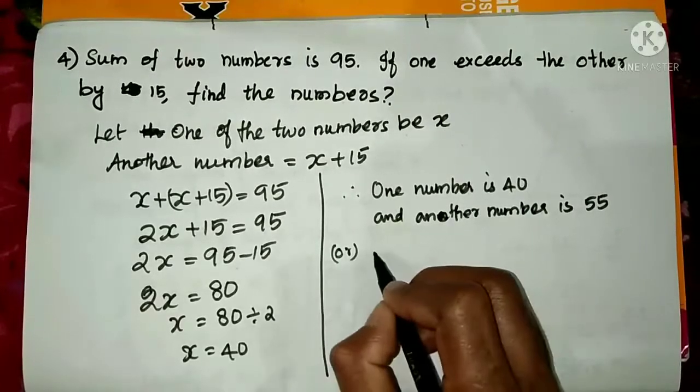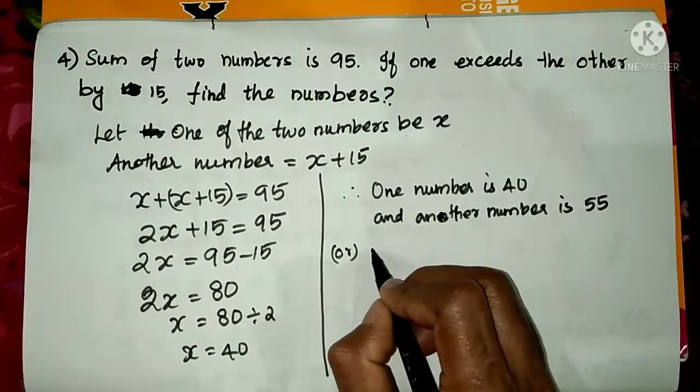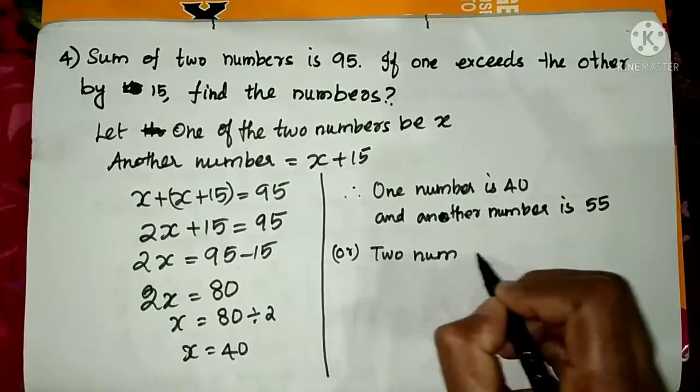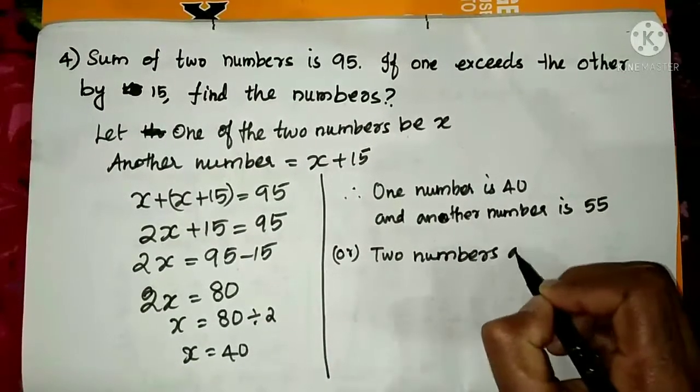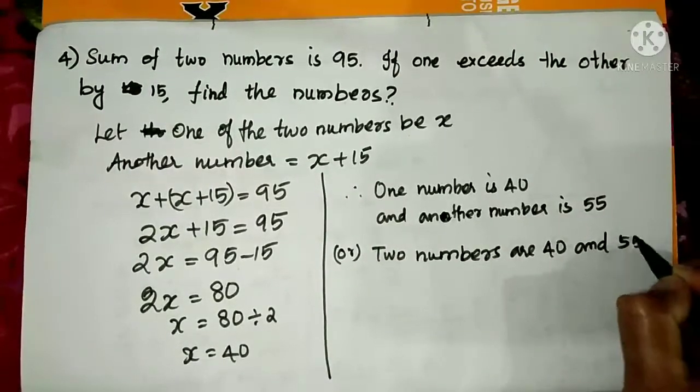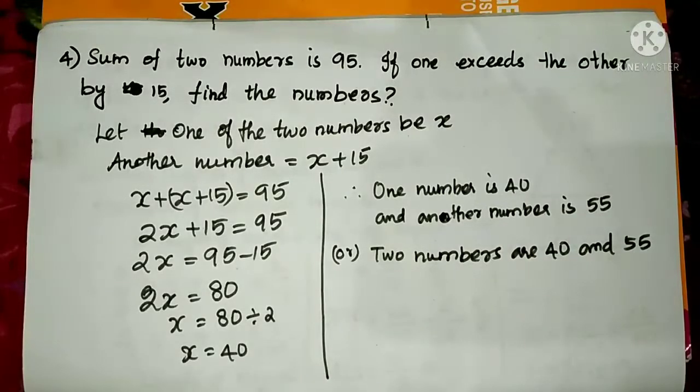Or we can write the two numbers are 40 and 55. In both ways we can write the final solution.